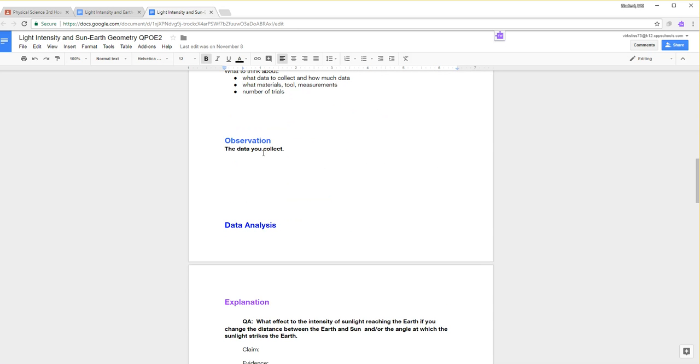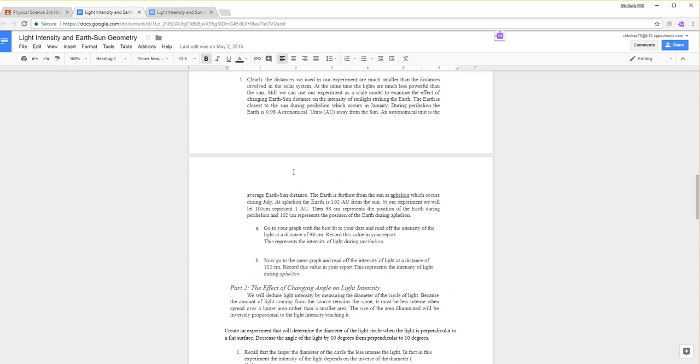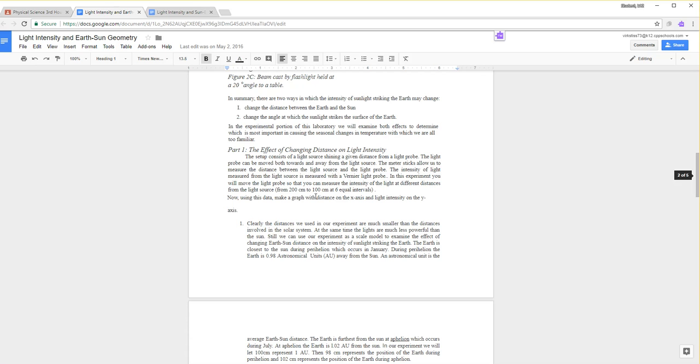The observation: these are the two data tables from part one and part two. In part one, which is up here, you had the distance from the light source in centimeters, and then you had the intensity. The distance from the light source was the x-axis, and the intensity was the y.